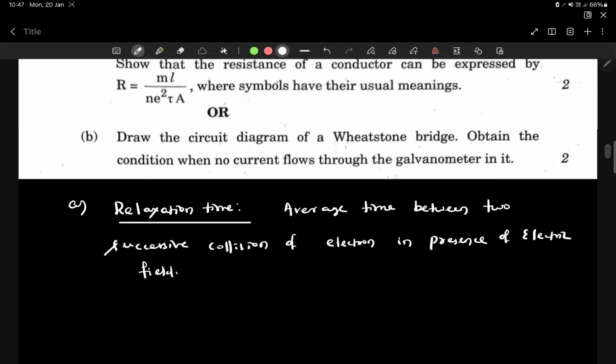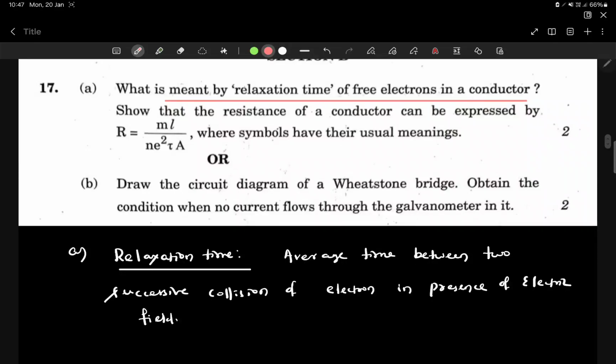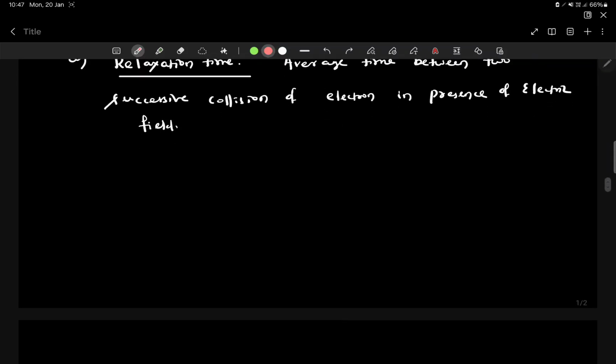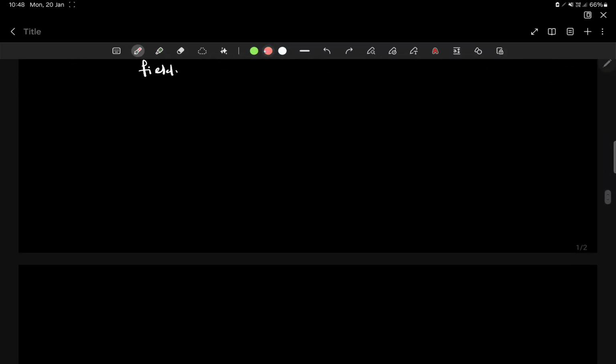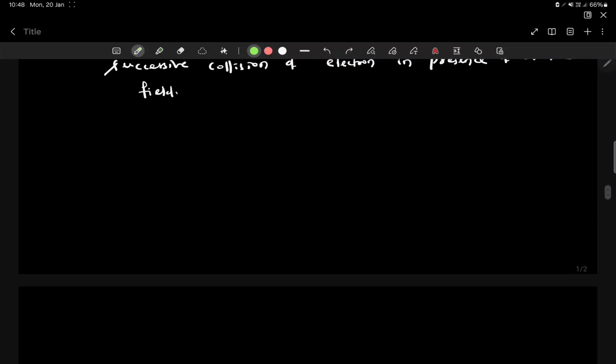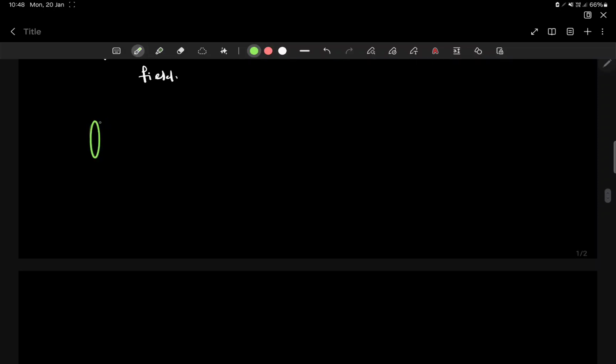Yes. So next bit, in that same question it is asking to show that the resistance of a conductor can be expressed by R = ml/(n e² τ A), where τ is the average relaxation time and the symbols have their usual meaning. So let's draw a simple diagram of a conductor.